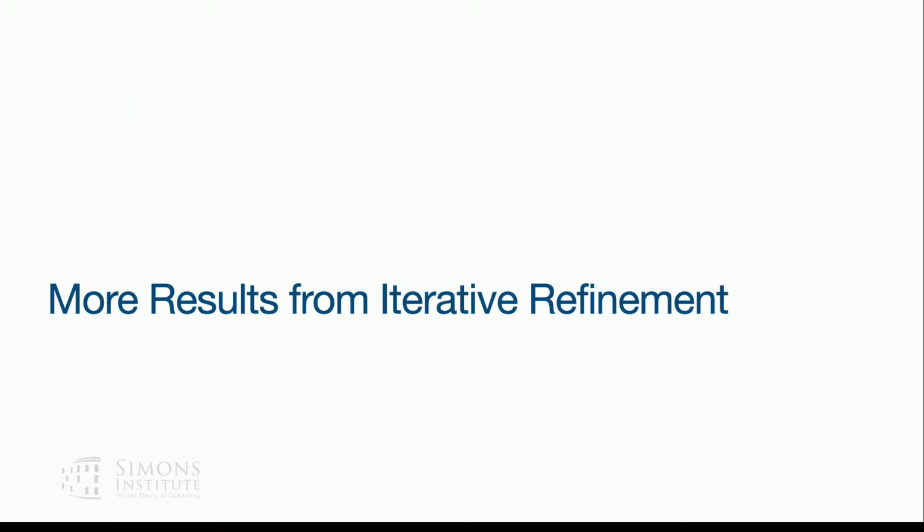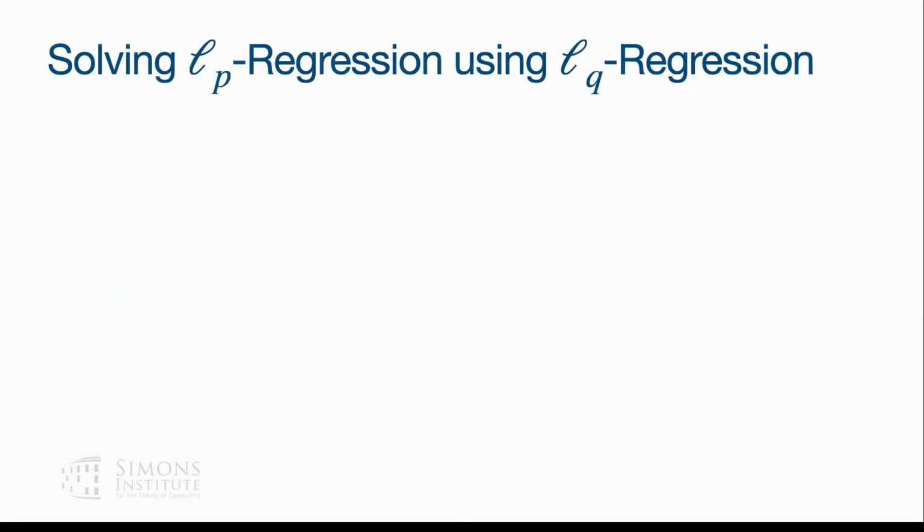Okay, so now I'm going to talk a little more about what else we can get from iterative refinement. It's not just the high accuracy solutions, but it has some more interesting consequences. So far we were just solving these LP regression problems using linear regression, like solving L2 problems.